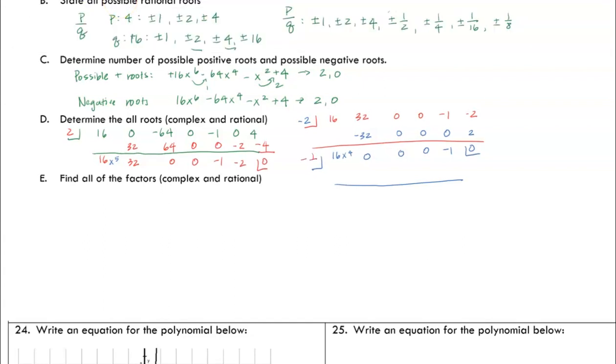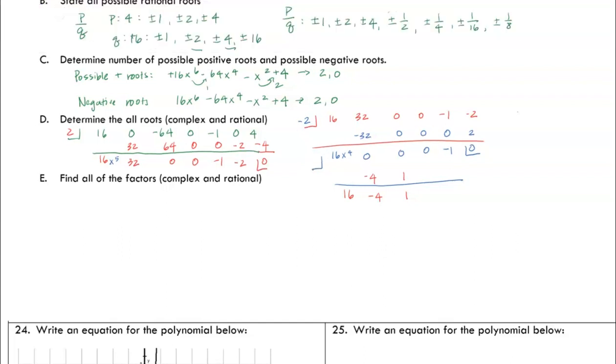Let's try negative 1/4. Bring down the 16. 16 times negative 1/4 is negative 4. And then negative 4. And then 1. 1. Nope. I don't think that's going to work.